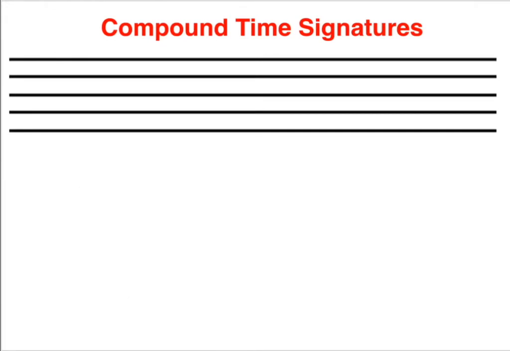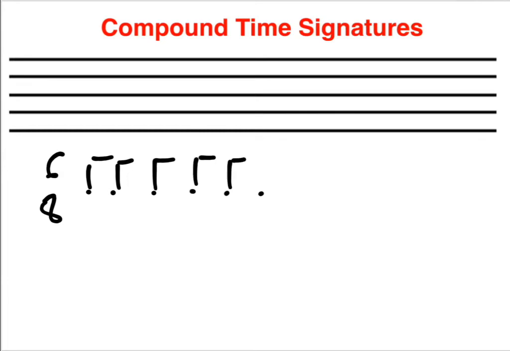So what about notes that last less than a beat? So what about all your quavers and semiquavers? How do you group them? Well, say you are in 6/8, and you have 6 quavers. There's your 6 quavers in a bar. How would we group them? Well, we group them according to their beats, just like we did for simple time signatures.